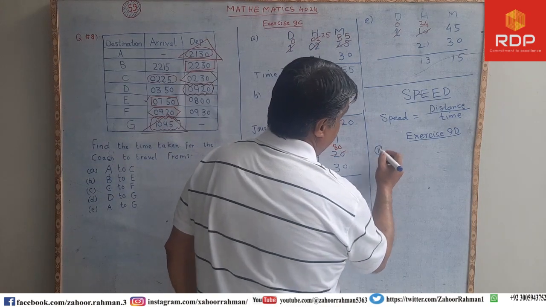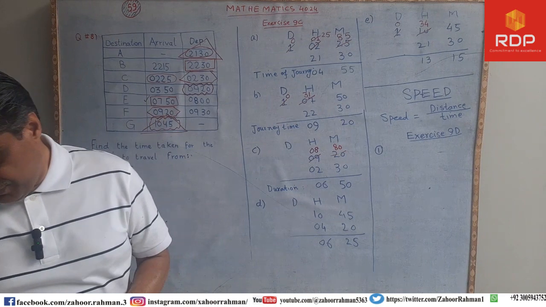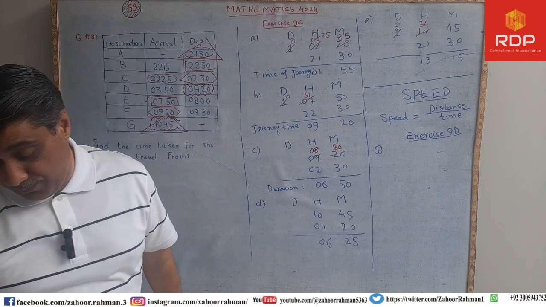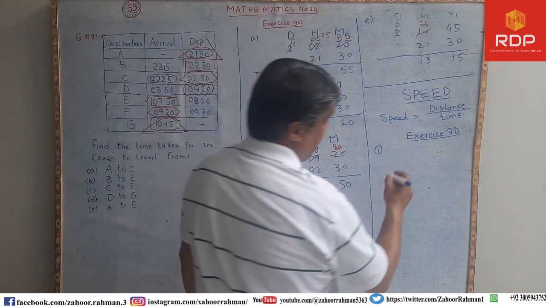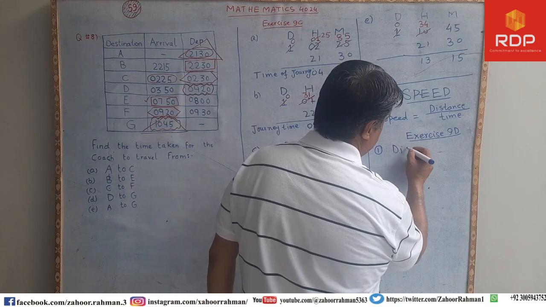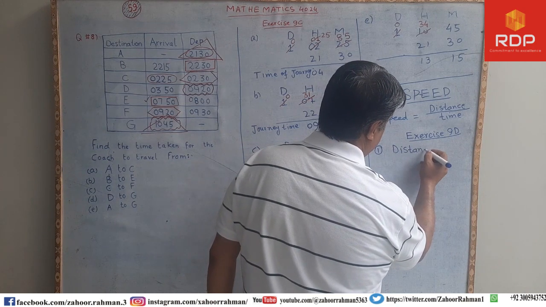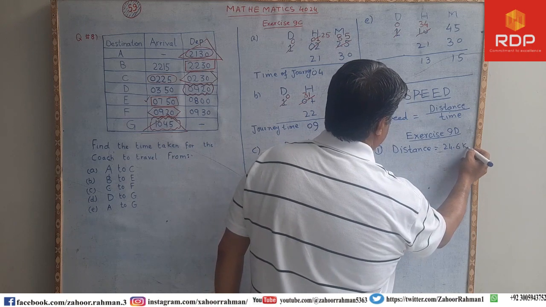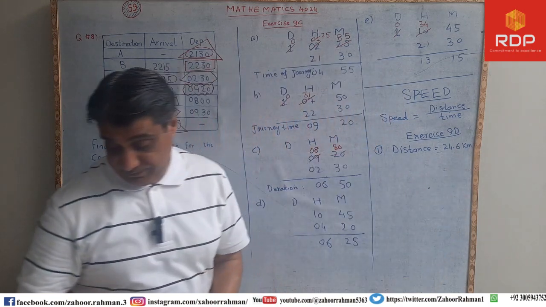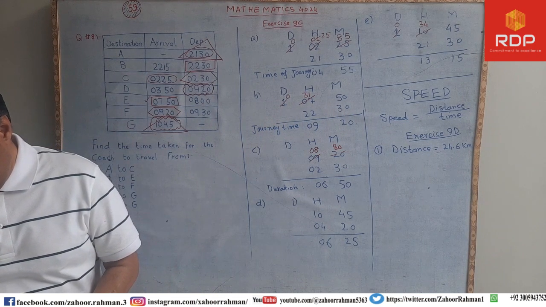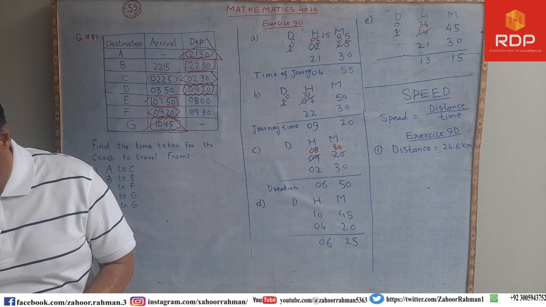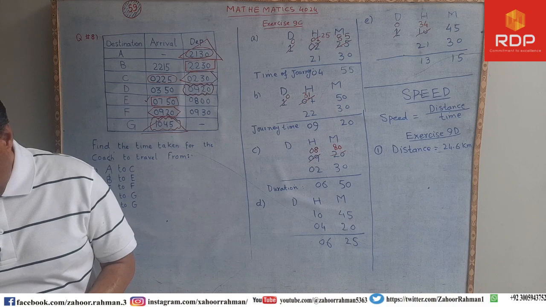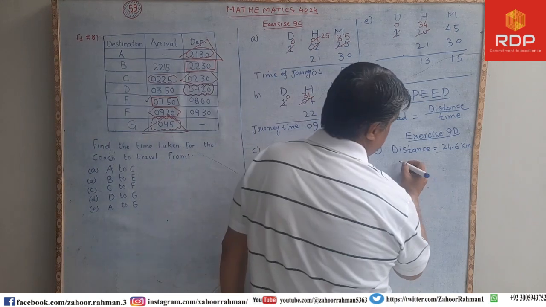It is saying a particle travels 24.6 kilometer. So this is the distance, 24.6 kilometer, and the time taken is 30 minutes.